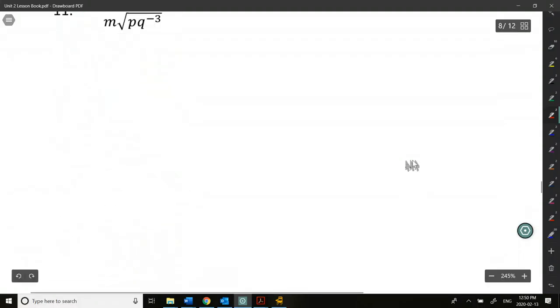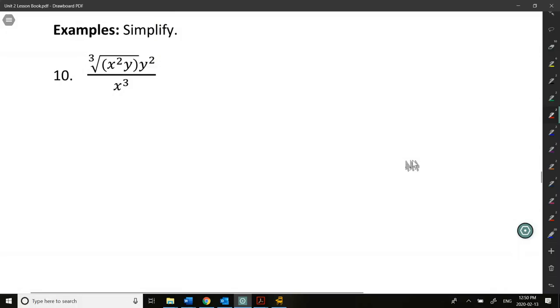Okay, let's try a few more. Okay, so the very first thing that you're going to do whenever you see roots in these types of questions is you need to change the roots into rational exponents.